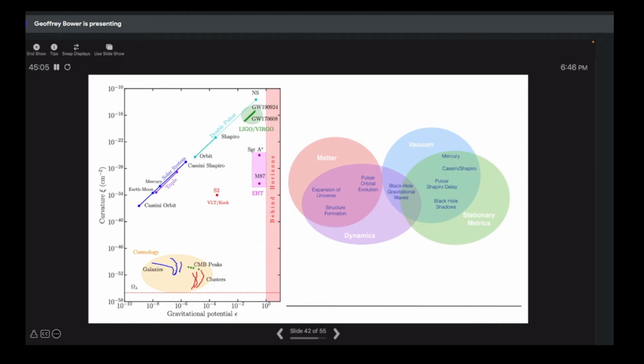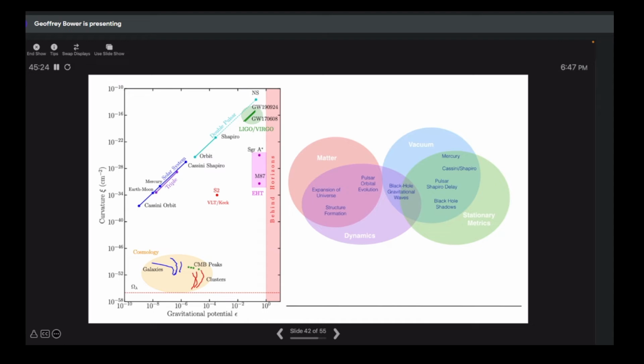So these are all complementary measurements of this vast parameter space. The other thing is that the measurements also probe different kinds of physics.